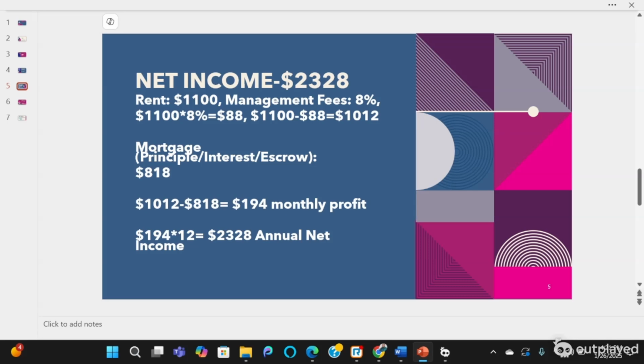That means your monthly profit is $194 every month after taking care of all these other basic bills, expenses, and servicing that loan. Now, 194 times 12 months gives us our net income for the year of $2,328 annual net income.